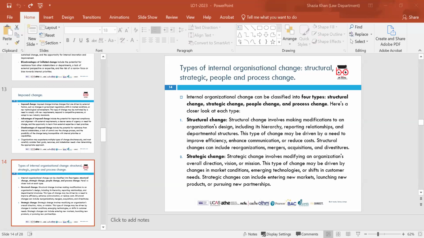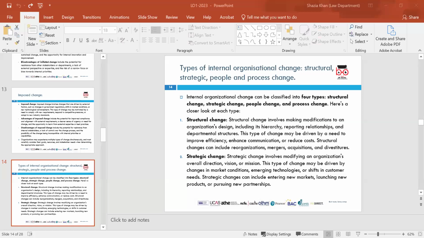And it could be driven by factors such as technology, geopolitical conflict, natural disasters, anything like that. And it could be a shift from one element of improving efficiency and enhancing communication.